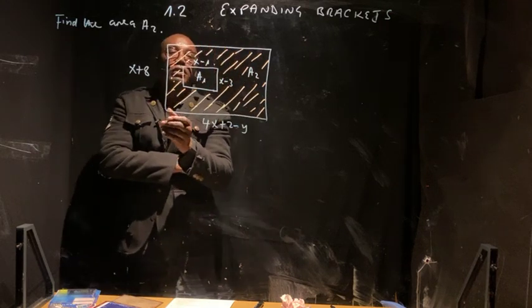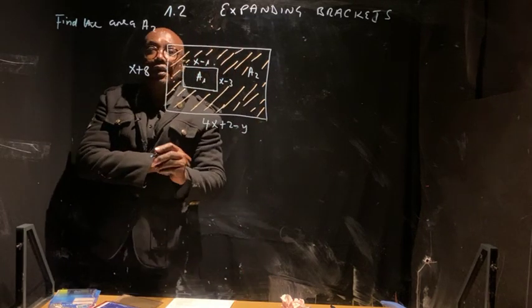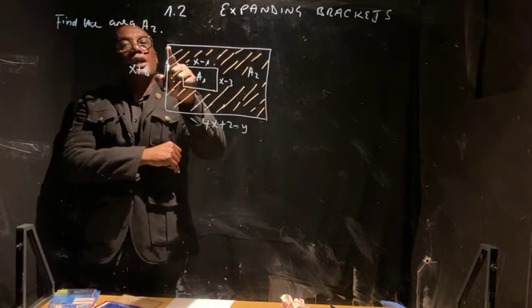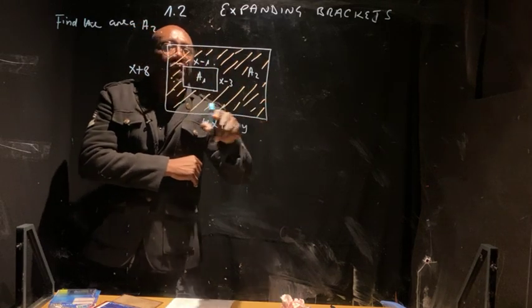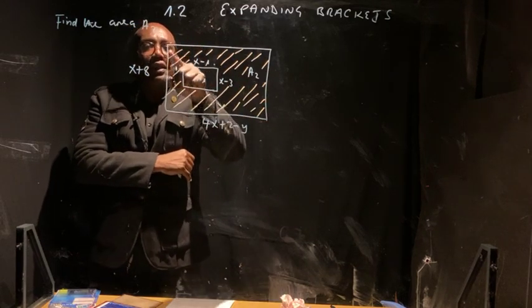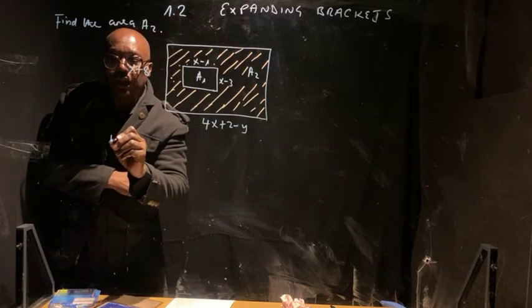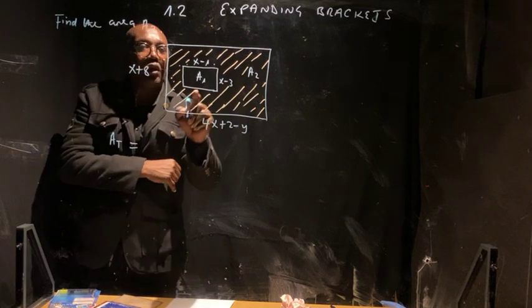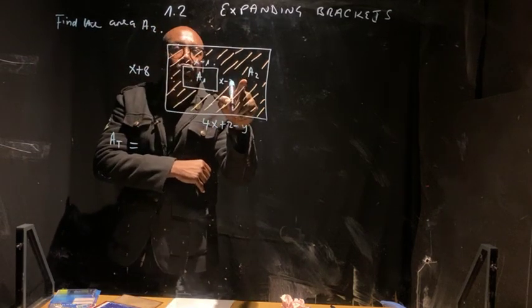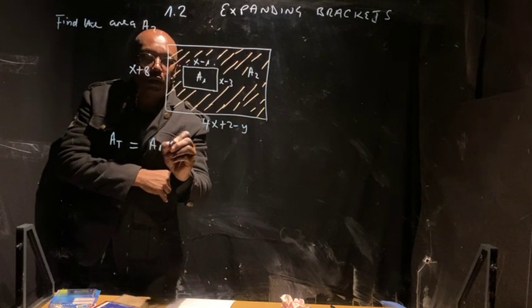Okay, we are requested to find A2. We will say that the entire area, which is the whole area, this times this, the whole area AT is equal to A1 plus A2.